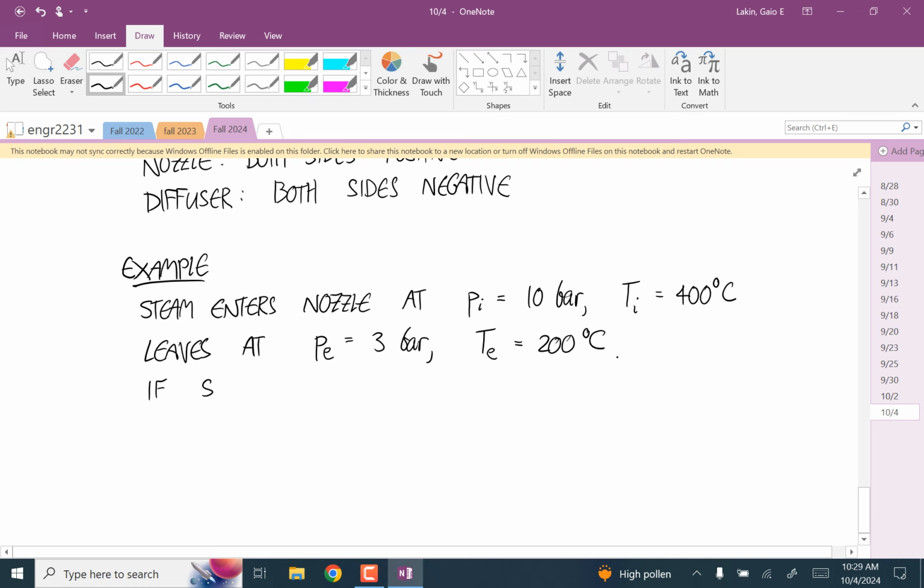If the speed is 20 meters per second at the inlet, what's the speed at the exit?